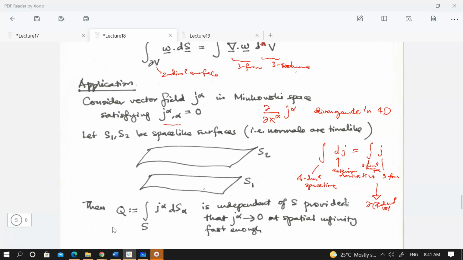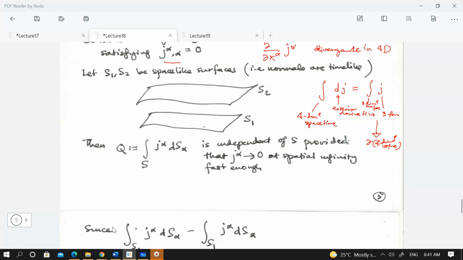Because your 3-dimensional surface has to be a boundary of your 4-dimensional volume. In this particular case, you can think of it as follows. You have a space-like surface bounding, so in between here becomes your 4-dimensional volume. The boundary is 3-dimensional. In this case, we're taking it to be a space-like surface, and there are 2 of them, one at the beginning.